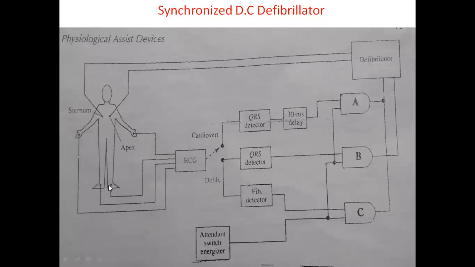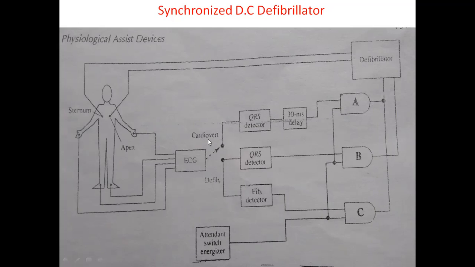The next type of defibrillator is the synchronized DC defibrillator. This defibrillator is based upon synchronization with the ECG output. The signals for the defibrillator are applied based upon the ECG waveform obtained.